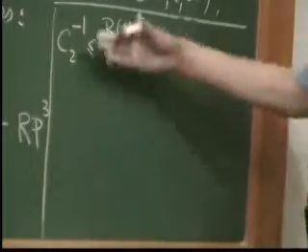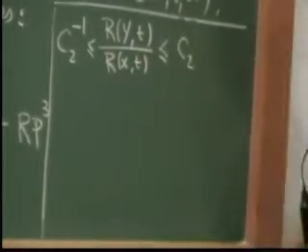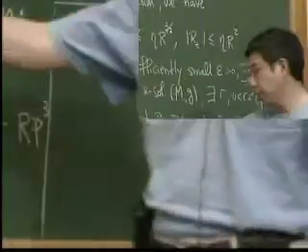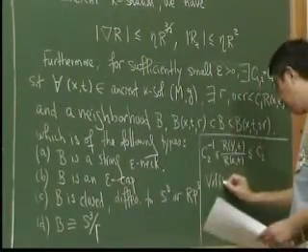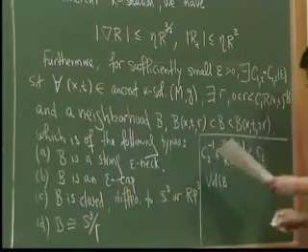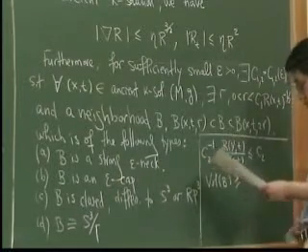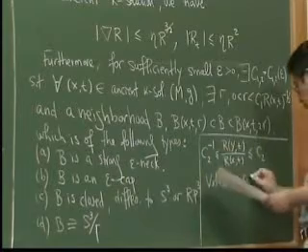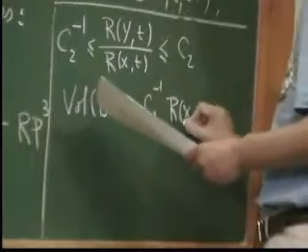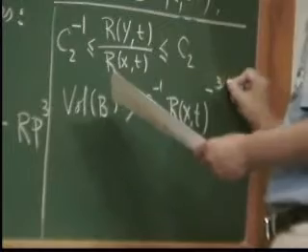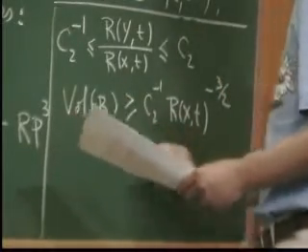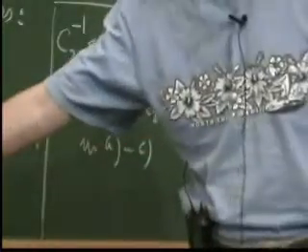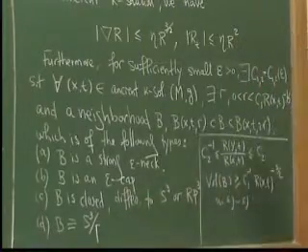And you also have some volume things. So maybe I say volume in the first three cases. You also have the volume of B is bigger or equal to C2 inverse of R(x,t) in the A to C cases. Of course, this case you cannot, because gamma can be very big.